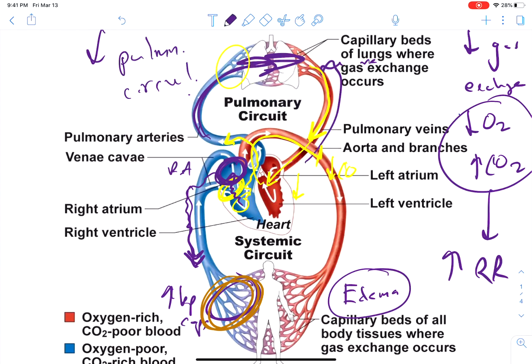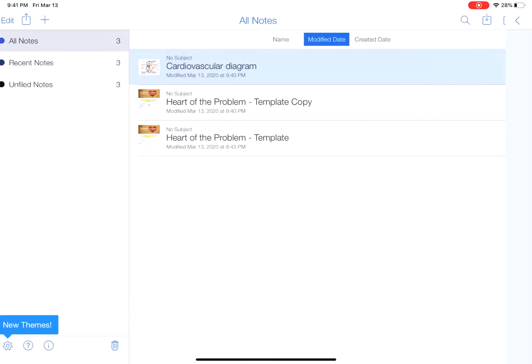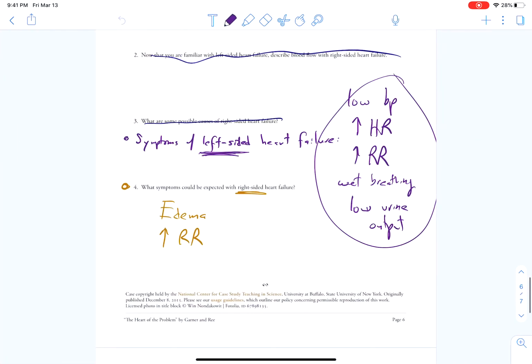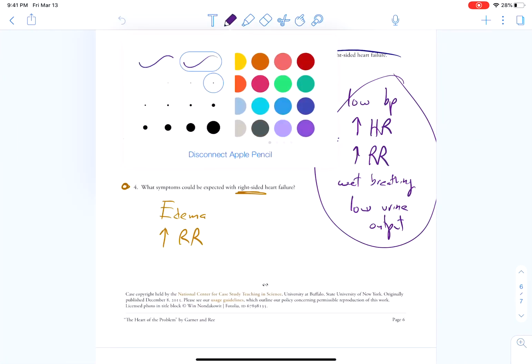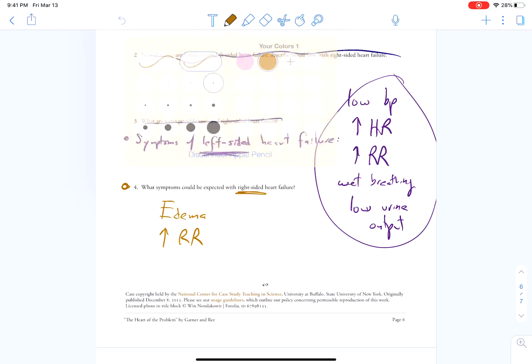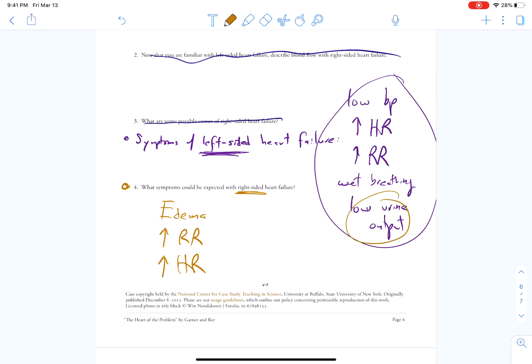So if cardiac output goes down, then heart rate's going to go up to try to compensate for that. So you're going to have an increased heart rate as well. And again, if you have decreased cardiac output, then you'll probably have low urine output as well.